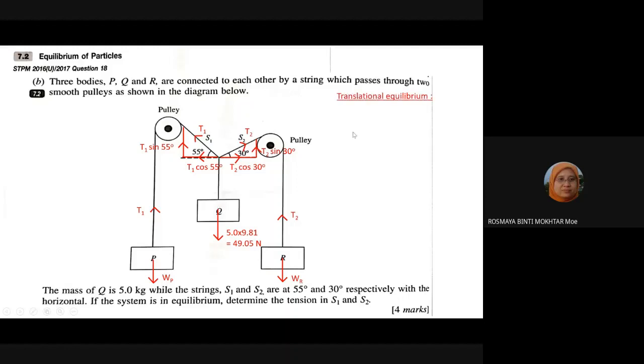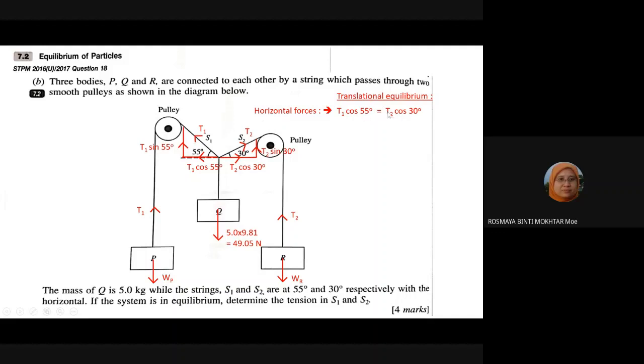Now we use translational equilibrium. For translational equilibrium, we choose all the horizontal forces. Horizontal forces: T2 cos 30 degrees is balanced by T1 cos 55 degrees. Or you can use T2 cos 30 degrees minus T1 cos 55 degrees equals 0, also can. But here I straight away balance the horizontal forces left and right.